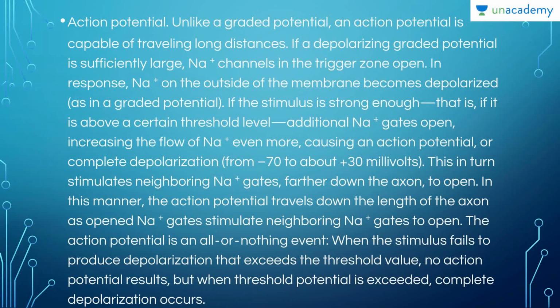Now, the action potential. What do you mean by an action potential? We studied that a graded potential is localized. Unlike a graded potential, an action potential is capable of traveling long distances.